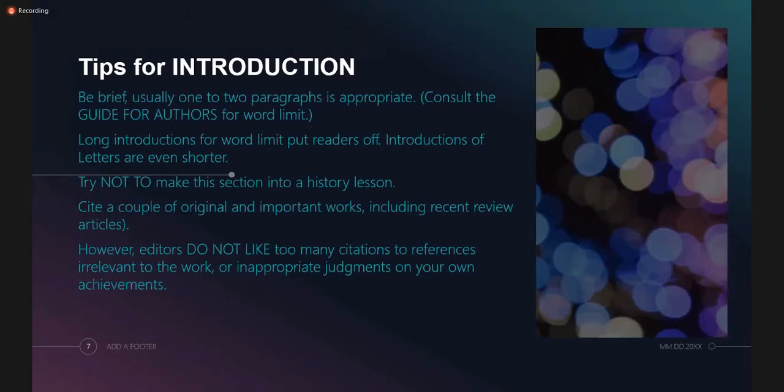If you are not sure of what type of writing style or referencing style you should choose, always go back to the guide for authors for the journal which you are aiming for. It means that whenever you are writing for publication, you must have the journal in your mind, which journal you are aiming for.